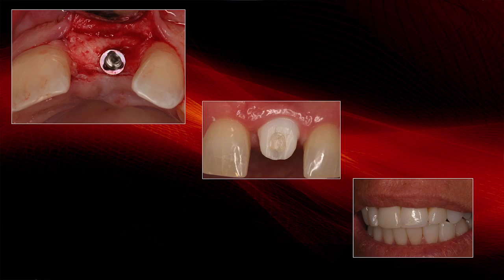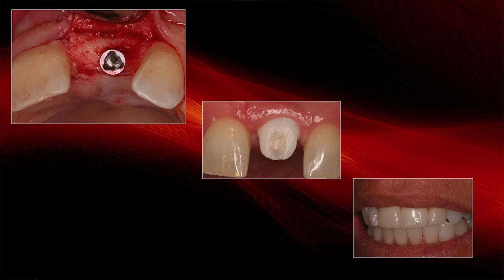After sufficient time, generally 3 to 4 months, we can remove that and take an implant level transfer. The laboratory will create a custom ceramic zirconia abutment and a ceramic zirconia crown, optimizing the aesthetics, and you've optimized the soft tissue. Again, you can see the soft tissue is in harmony with the adjacent teeth.